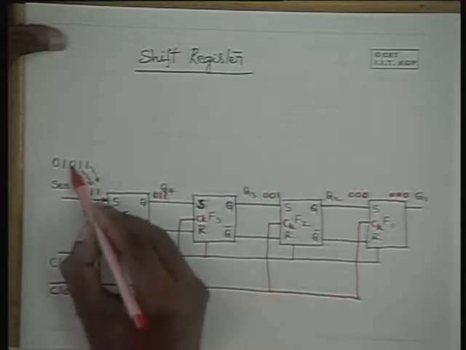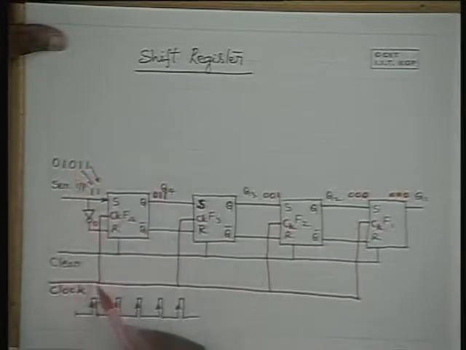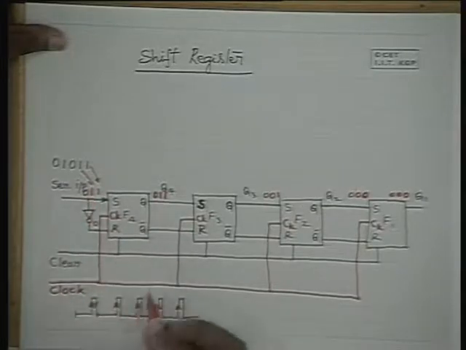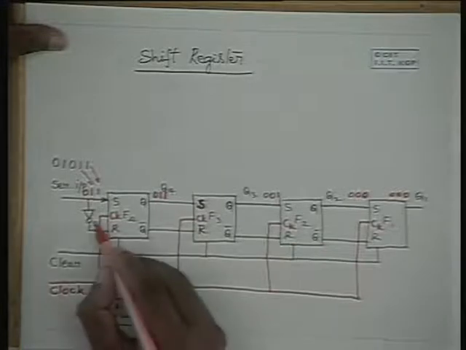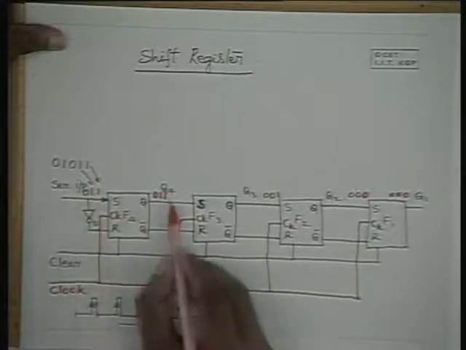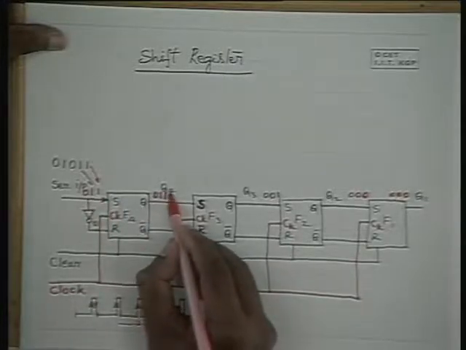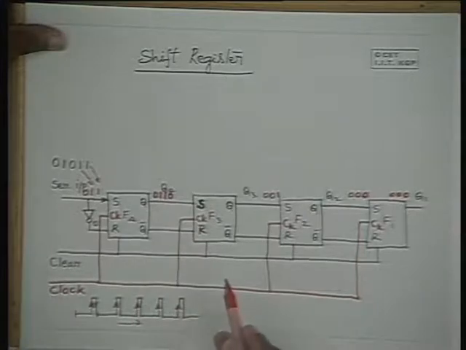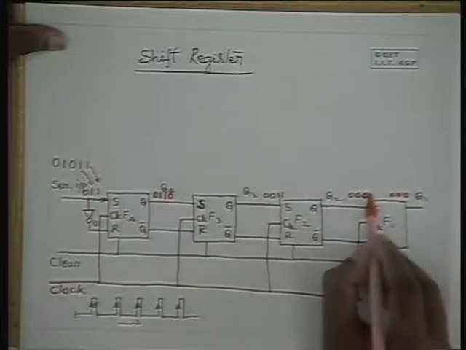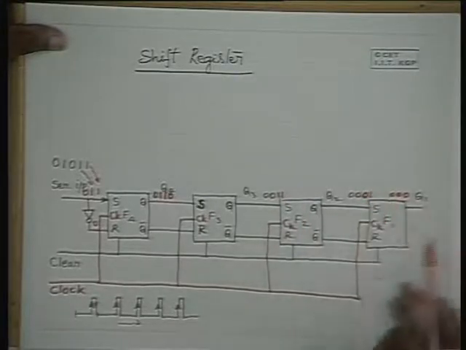Now the third input is a 0 now. Therefore, when the third clock pulse comes, since it is a 0 here during this period, this 0 gets transferred to this, and this one gets transferred to this, and this one gets transferred, and so on.